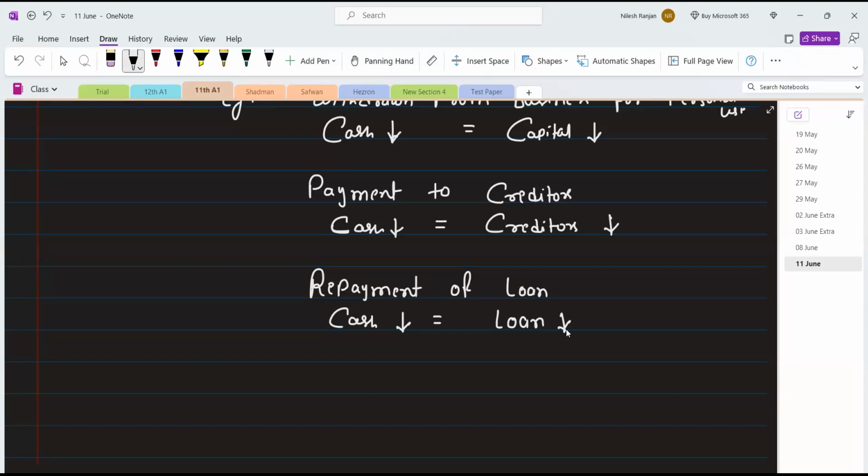Yes, sir. Just wanted to ask one thing. Withdrawn cash from business for personal use, it will be a decrease in asset, but how will it be a decrease in liabilities? Your voice is breaking. Either my internet connection is weak or yours. Sir, is it clear now?